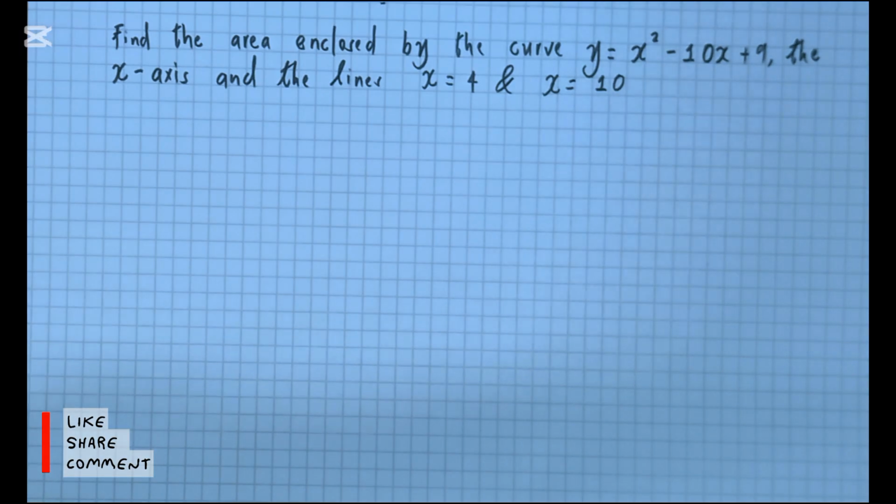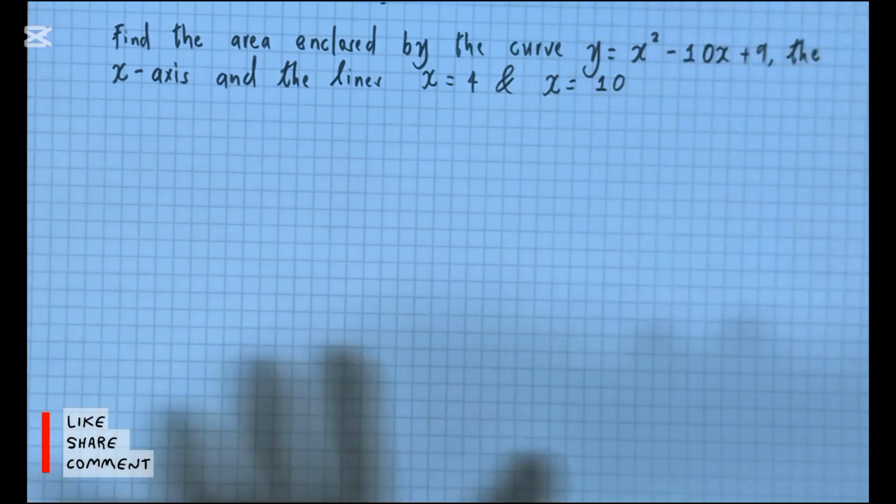In today's example, I'm going to handle a situation where we have two segments of area enclosed by a curve, the x-axis and the lines x = 1 and x = 10 that you're seeing here.